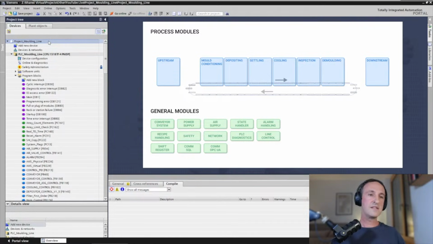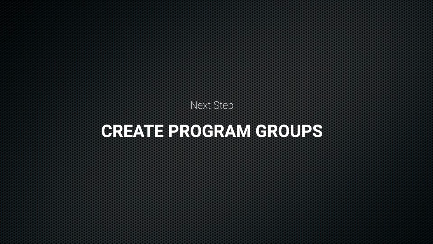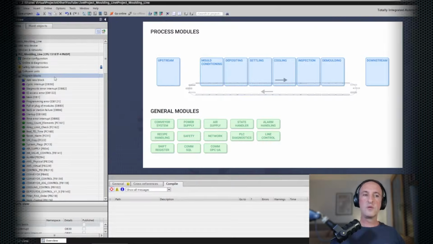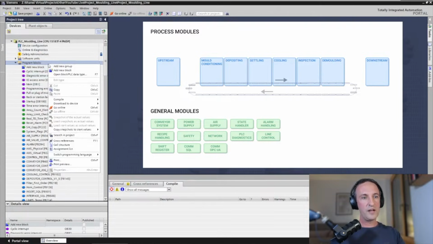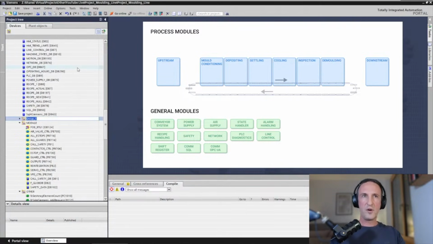And then the second step is we're going to start creating groups for our different program sections. So what I typically do is I make a difference between process-specific modules and the general modules. So we're going to create groups here by right-clicking and saying Add New Group. I'm going to start with a general group here.